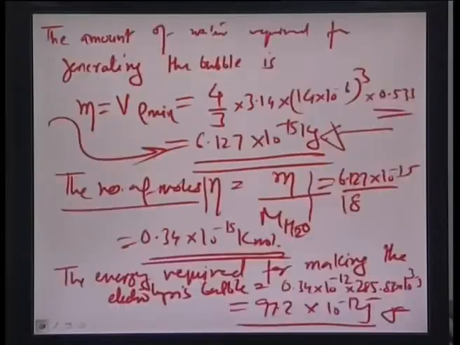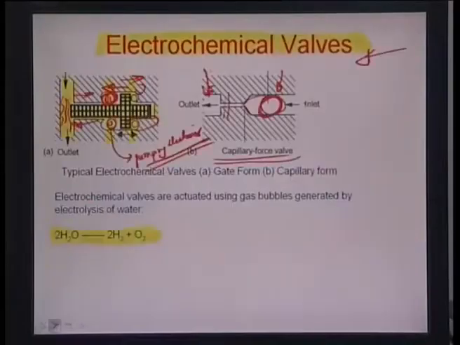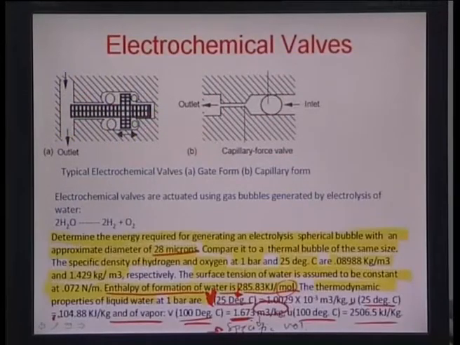And if you look back in the example, both these values are given here: internal energy at 100 degrees is about 2506.5 kilojoules per kg, and that at 25 degrees is about 104.88 kilojoules per kg.